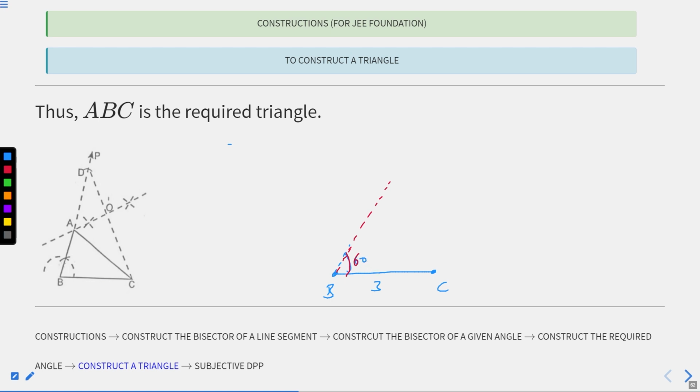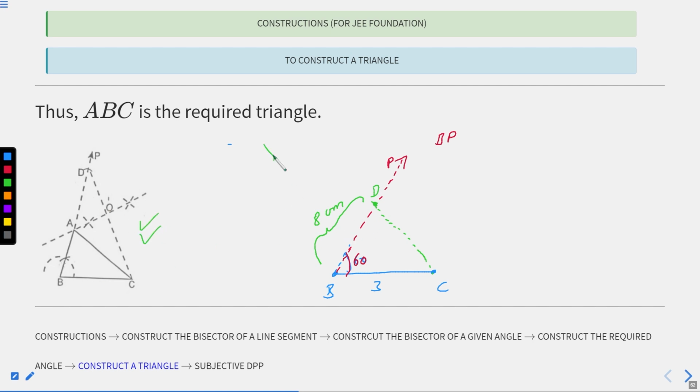The 60 degree was here, and then I cut 8 centimeters of length of this red ray. This ray I named BP, and the 8 centimeters of length cut over here is point D. Now I joined this D and C.